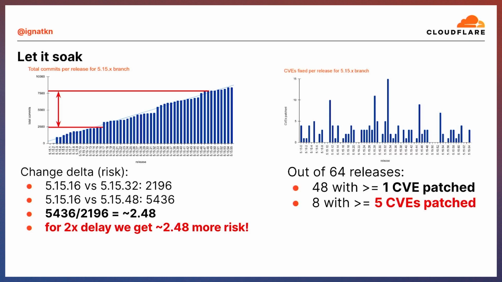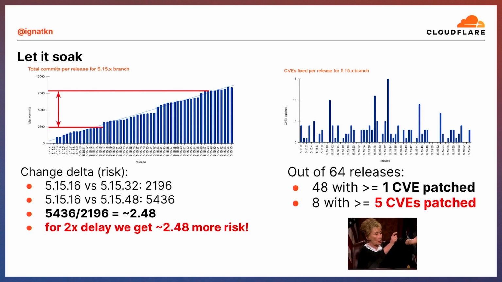If we wait, we don't patch the CVEs, and we're risking a security breach and also risking breaking compliance, right? So 1 month of soak time means you're already breaching the 30 days requirement from PCI DSS because you will not be able to roll it out to production after 1 month.